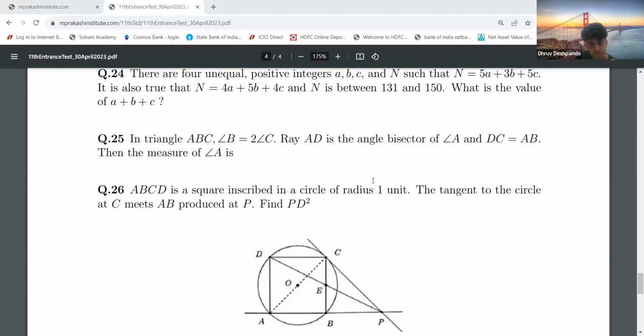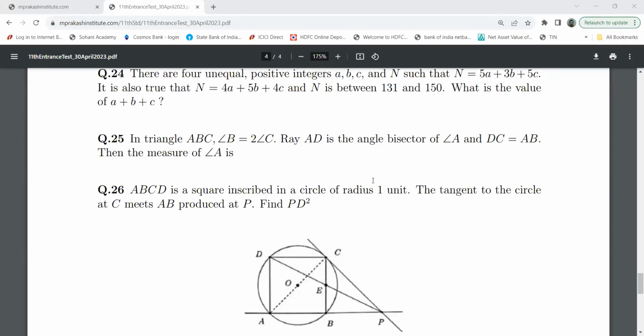Angle bisector of A. So I have drawn the angle bisector of A, which meets at D. So I call this angle A as 2y, and this is an angle bisector. So the small angles are y each.